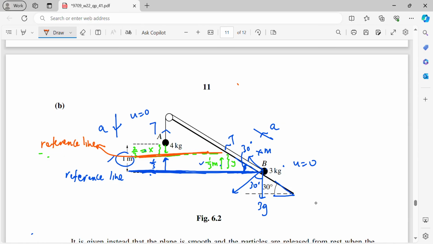So if you use this as a reference line, the difference is the H in your initial PE. For the A, the height becomes 2 over 3. But for the B, because it is below the reference line, the H becomes negative 1 over 3. So that's the difference. Now I will show you the second method, which is using the orange color as a reference line.